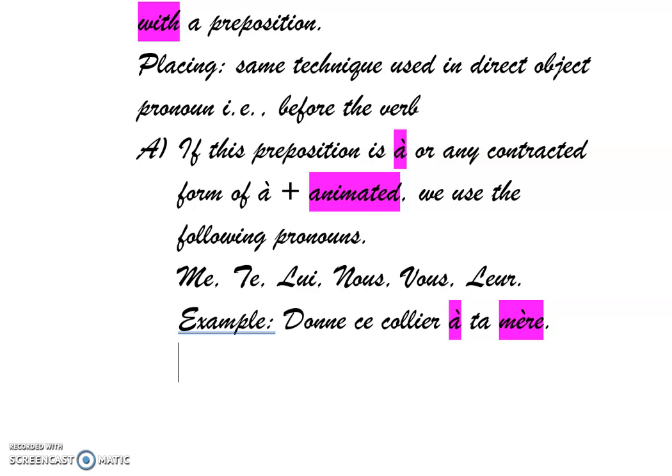It means mother. So we will write it as je lui donne. Same placing as we had done before. This is how you do your first sentence.